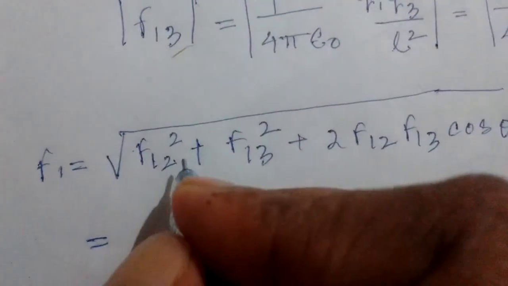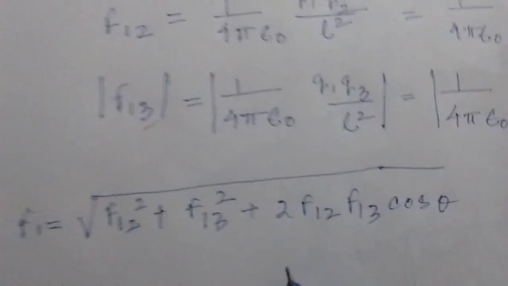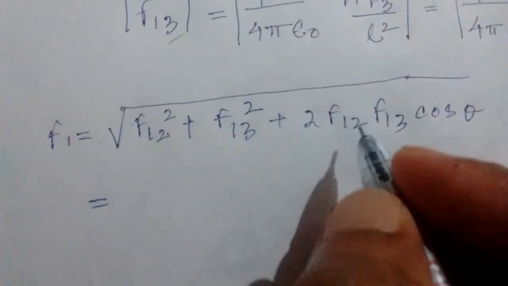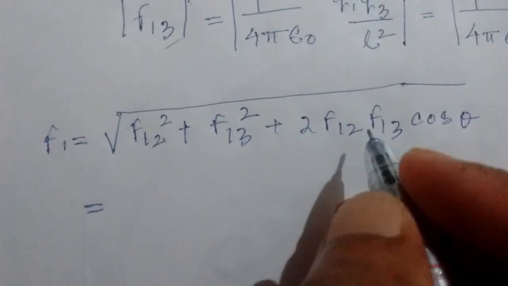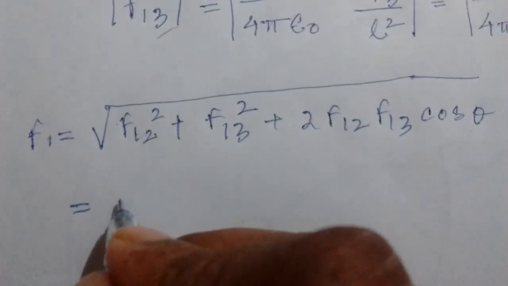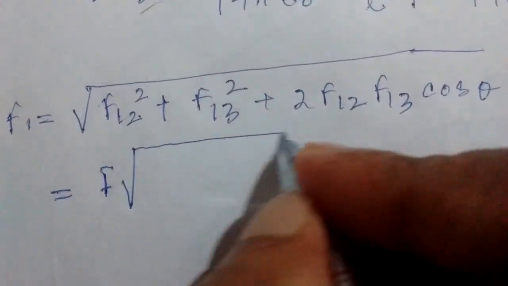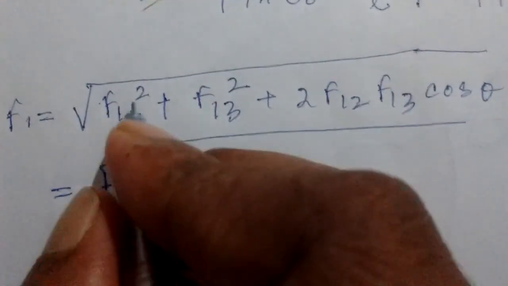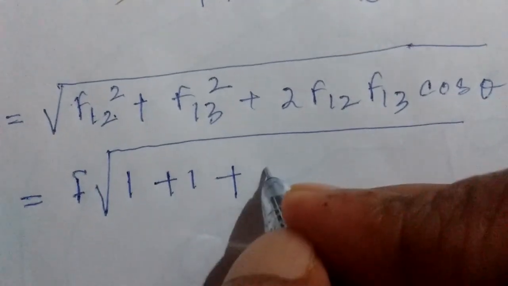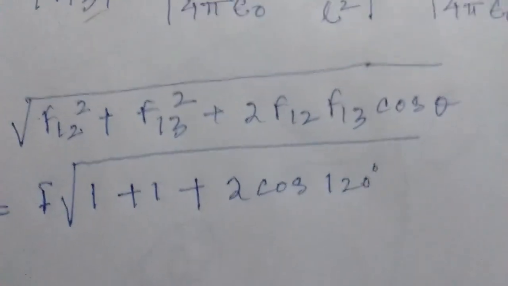Now F12 and F13 are both of the same magnitude, so I can put both as F, giving 2F square. If you take F square common from every term, then outside the root sign it will be simply F, and inside it will be 1 plus 1 plus 2 cos theta. Of course theta is 120 degree.